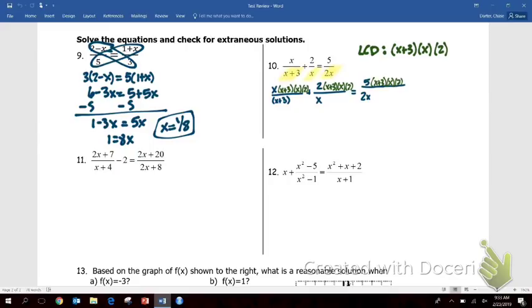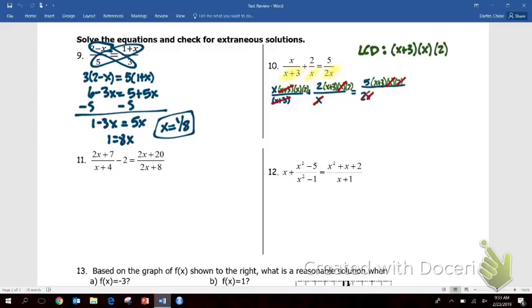And now we see what we can cancel out. So the first fraction, x plus 3. The second fraction, x. And the third fraction, x and 2.